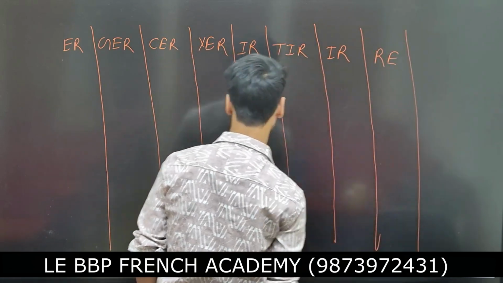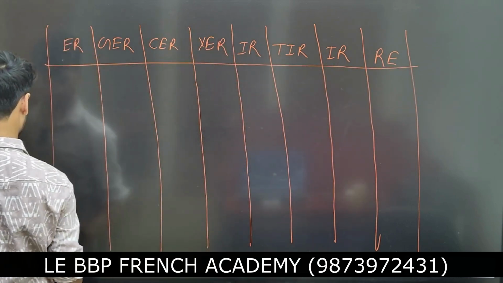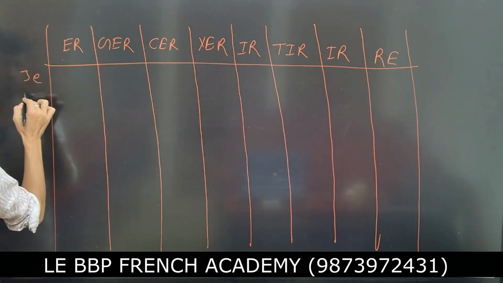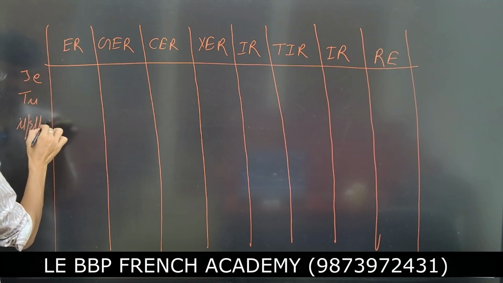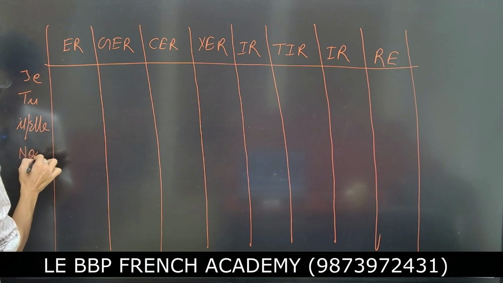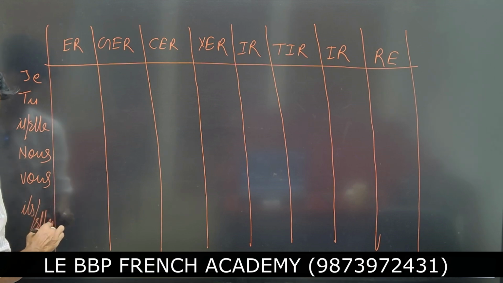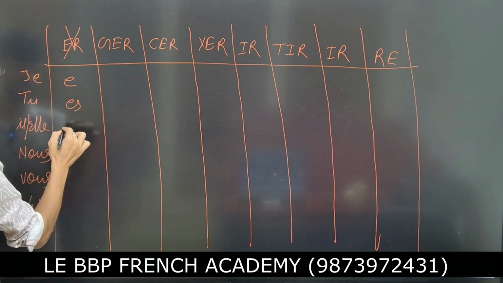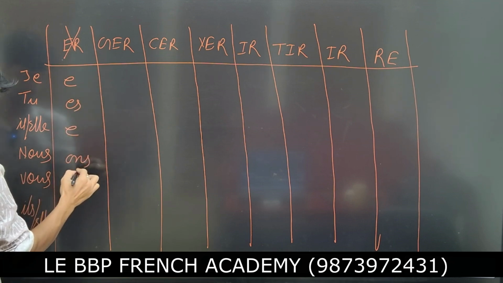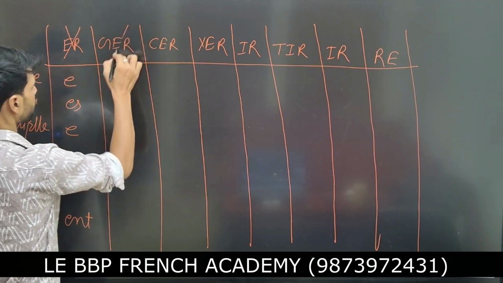First of all you write the subjects: je, tu, il, elle, nous, vous, ils, elles. For er, cut the er, then put e, es, e, ons, ez, and ent.